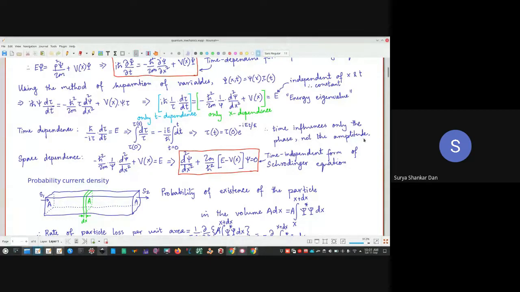And the amplitude is more important for our main concern, because the amplitude gives us the intensity of the wave, or in other words, the probability of finding that particle within a particular region of space. So we derived this time independent form of the Schrodinger equation, which will be our mainstay as far as all the quantum mechanics and solid state is concerned.